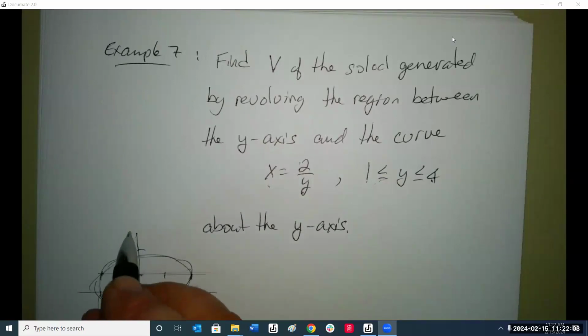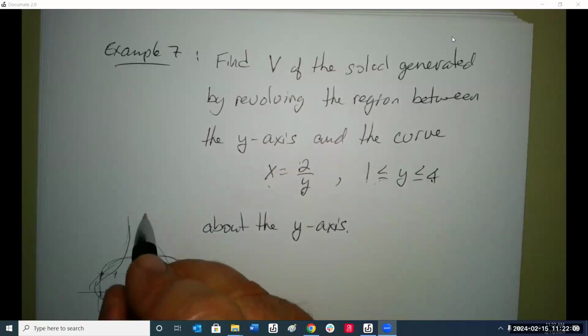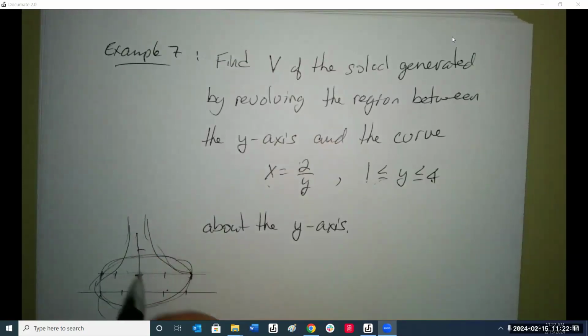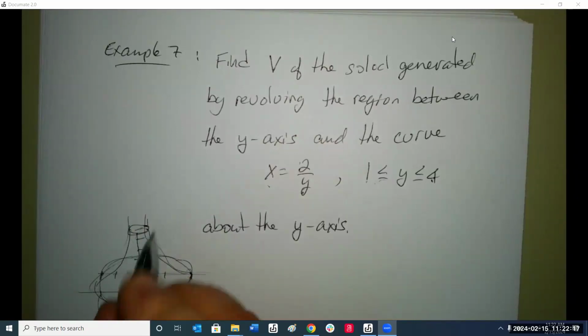And the graph itself looks like this. It goes to, that's 1, 2, 3, 4. So it stops there at 4. It goes from 1 to 4.